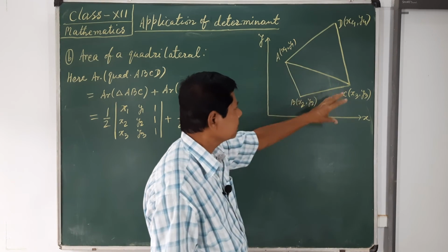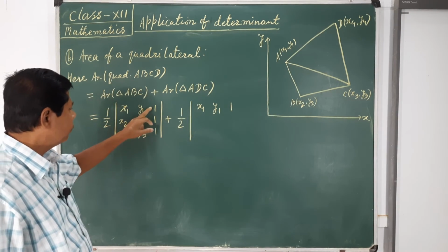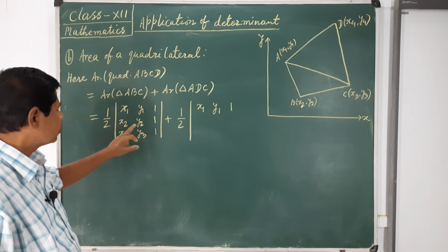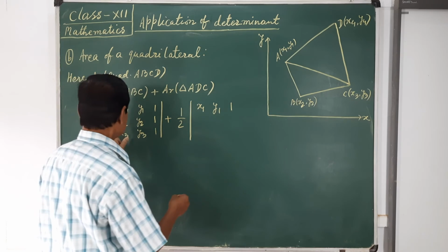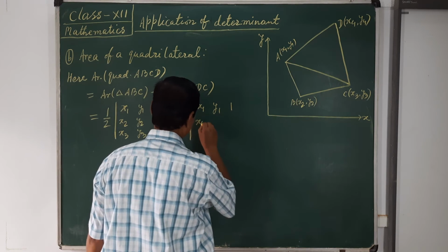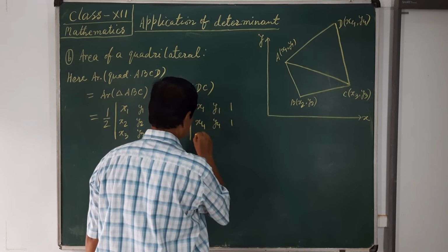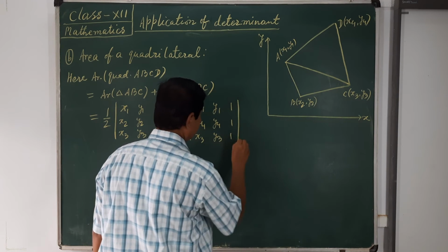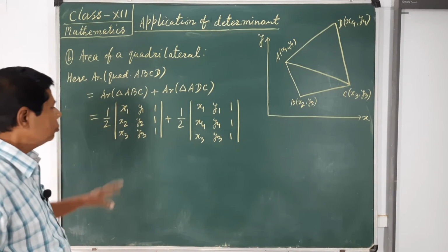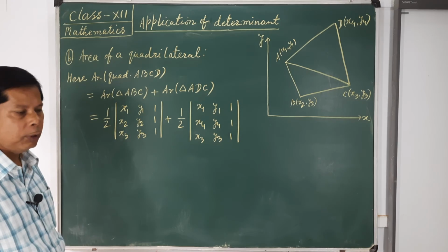So, x1, y1, x3, y3 will be retained and 1, 1, 1 will be there; only x2, y2 will be replaced by x4, y4, 1, then x3, y3, 1. If you add the areas of these two triangles, the area of the quadrilateral will be obtained.